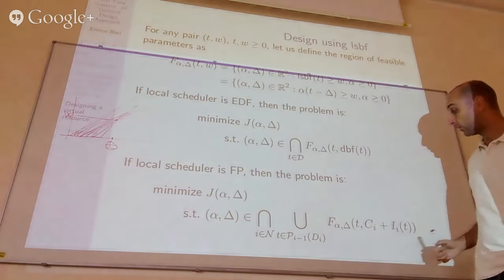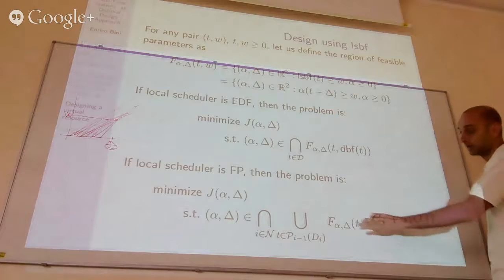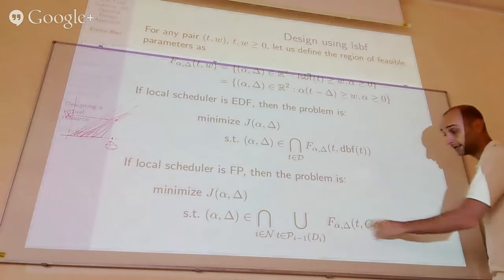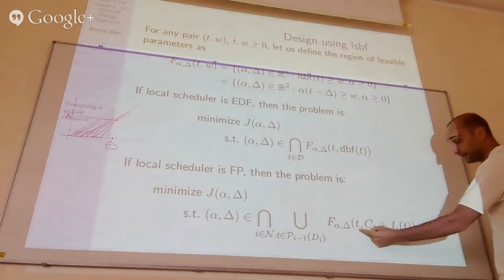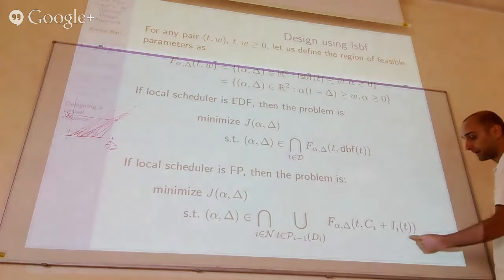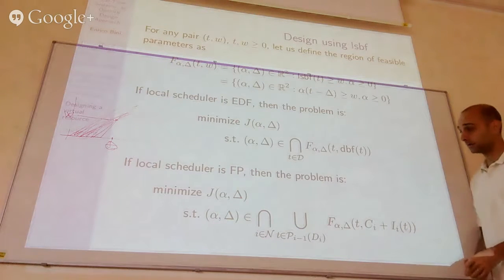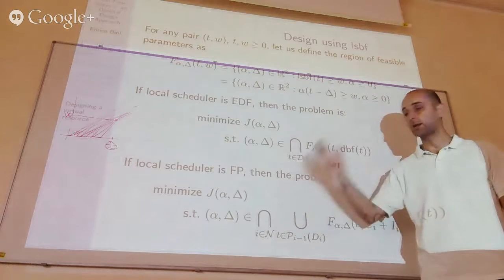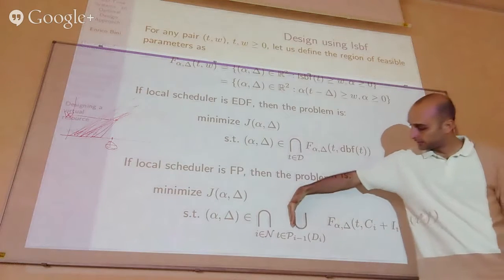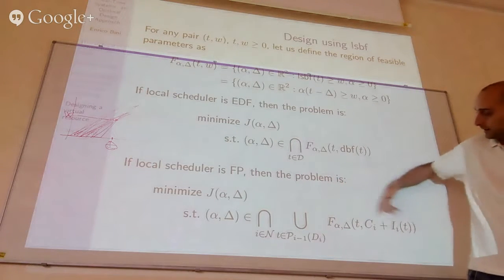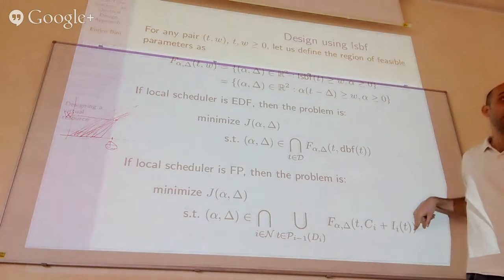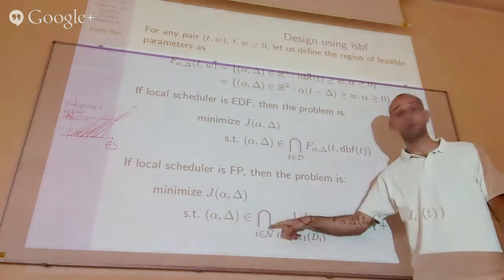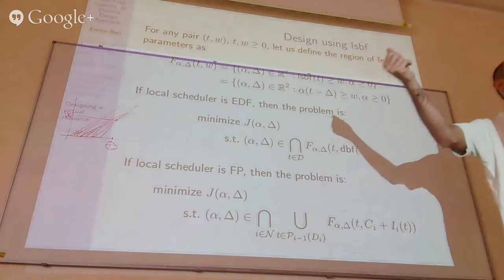Then we take the union over t of f alpha delta, evaluated at t and C_i plus the interference. And then we make the intersection for all tasks. So this condition guarantees the schedulability of task i. Then with the intersection, you guarantee the schedulability of all tasks in the set.